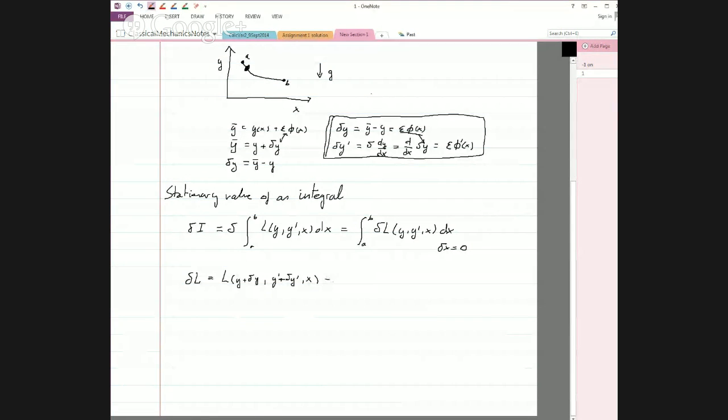And then it's minus the L evaluated at y, y prime, and x. Okay? So that's the key definition for delta L, or what we mean by delta of a function of a function.